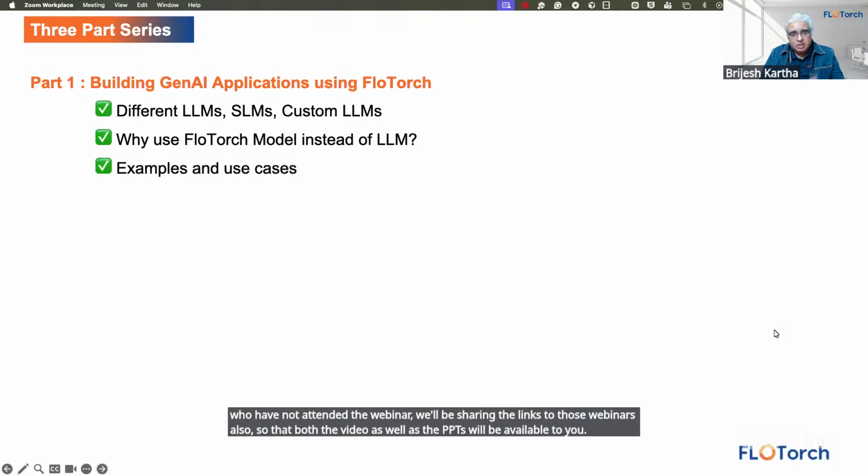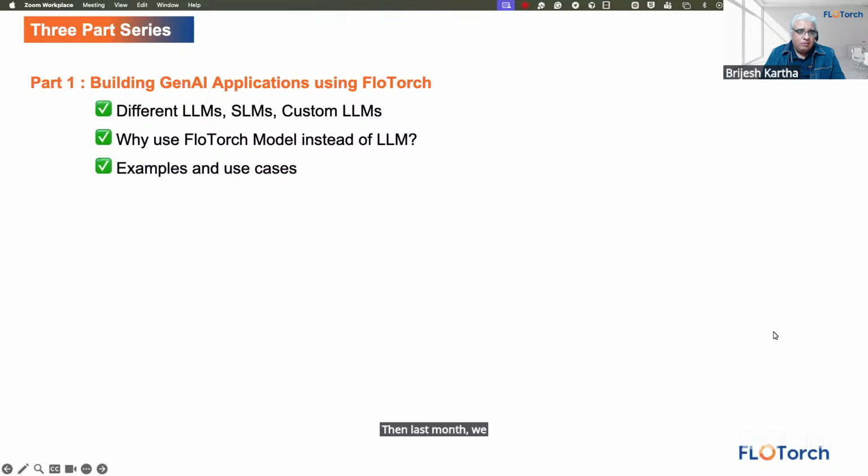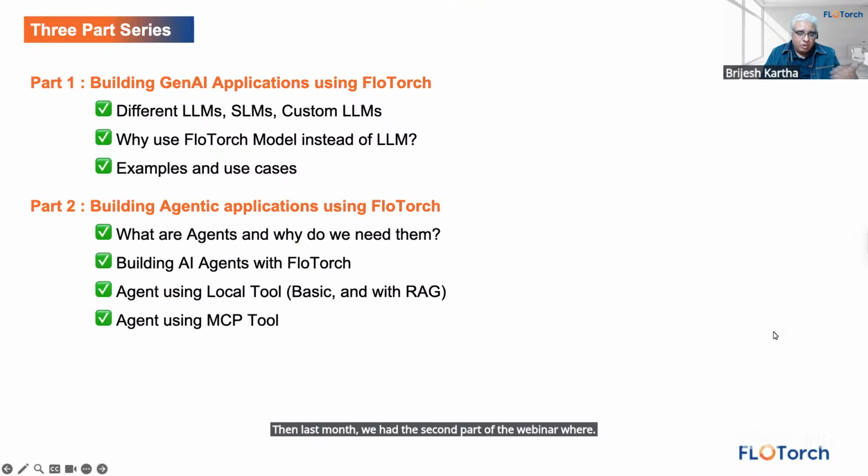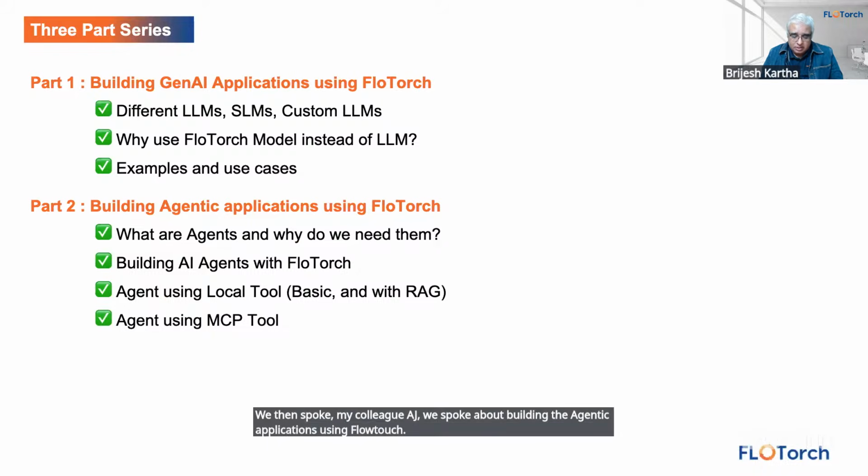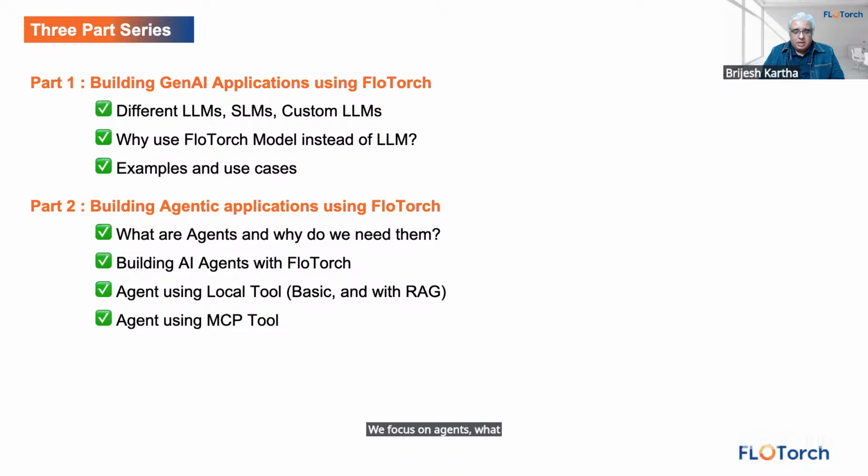Then last month, we had the second part of the webinar where my colleague AJ and I spoke about building agentic applications using FloTorch. We focused on agents, what has been coming up in the last 2 to 3 years, where agents are now becoming the main powerhouse of Gen AI. LLMs do the completions, they have made an entire arena of possibilities open up.